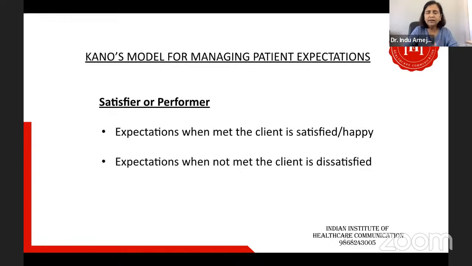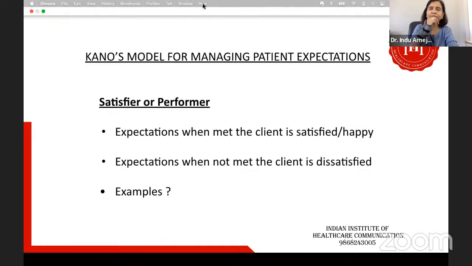When they are not met, the client is going to be dissatisfied, and that is where they can create ruckus and be unhappy. So can you give some examples of the performer or satisfier expectations that the patient would have from us? Write in the chat box, please.